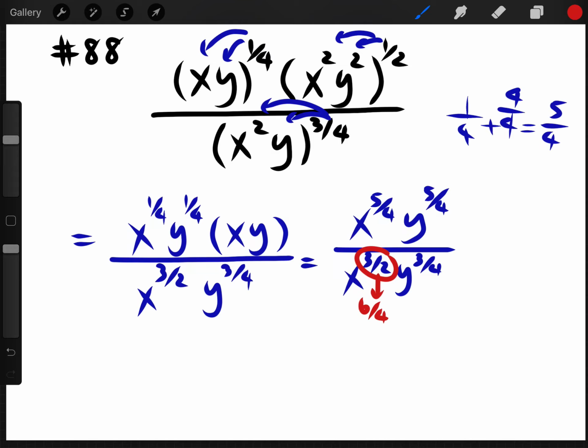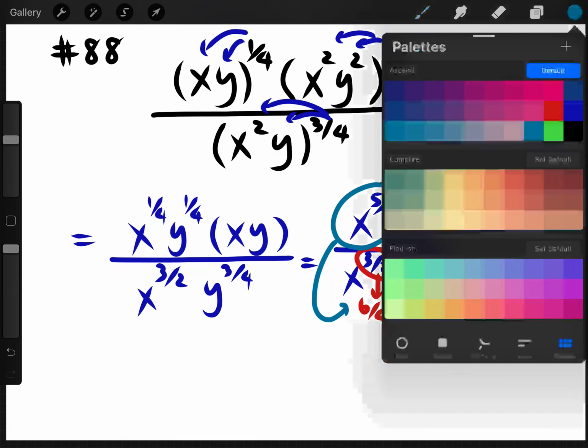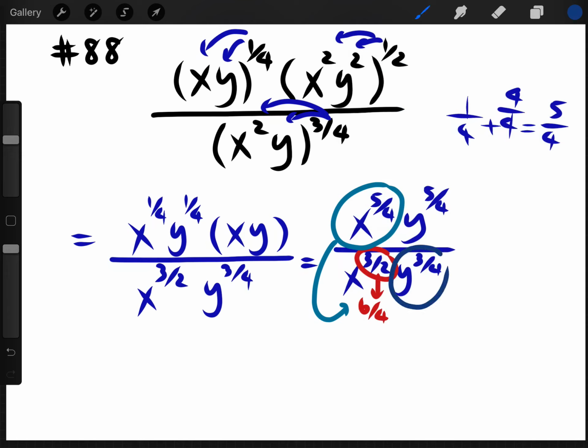Now I'm going to rearrange it and bring all the like terms together. I'm going to bring the x to the 5 over 4 to the bottom, and bring the y to the 3/4 to the top, so I can combine all the like terms.